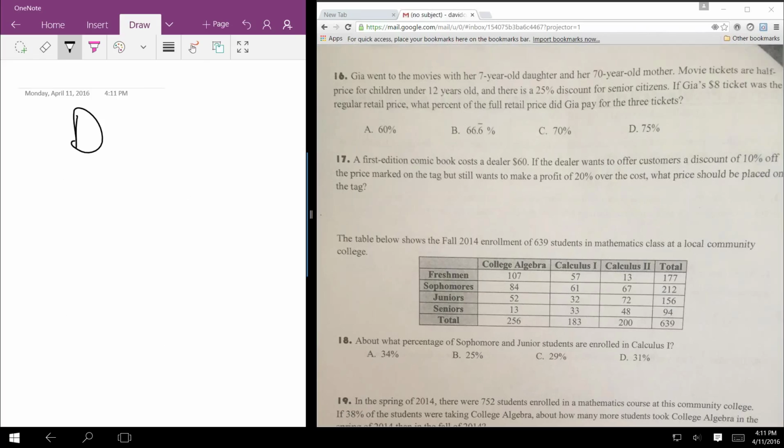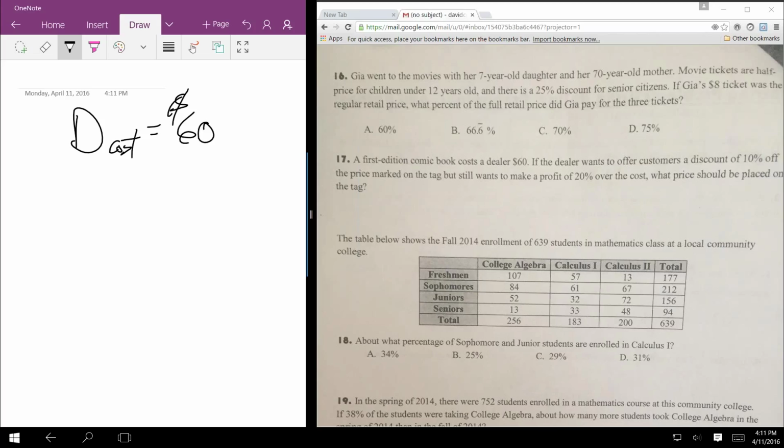So the dealer paid $60 for it. That's the dealer cost. He wants to offer a 10% discount off the price marked on the tag, but he still wants to make a 20% profit over cost. What's the next thing we should figure out? How much 20% or 10% would be? No, let's work with the middle part. Let's work with his profit.